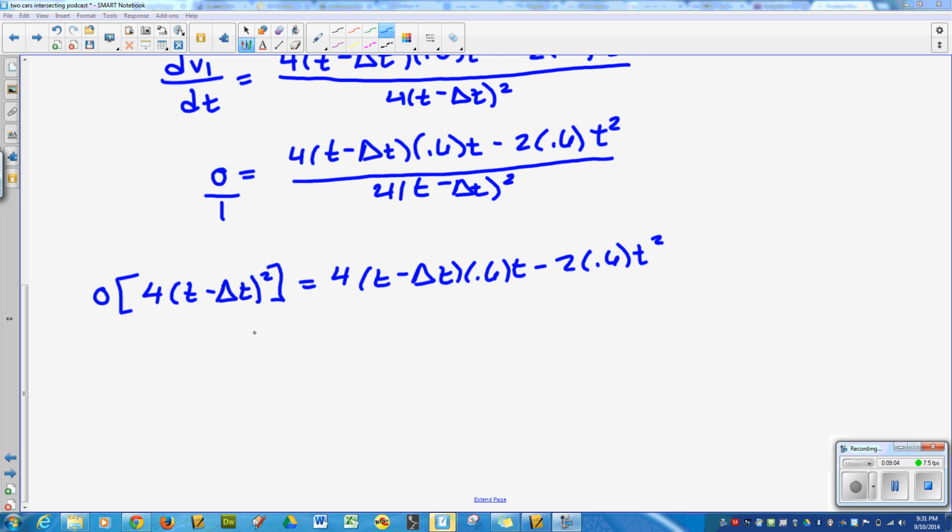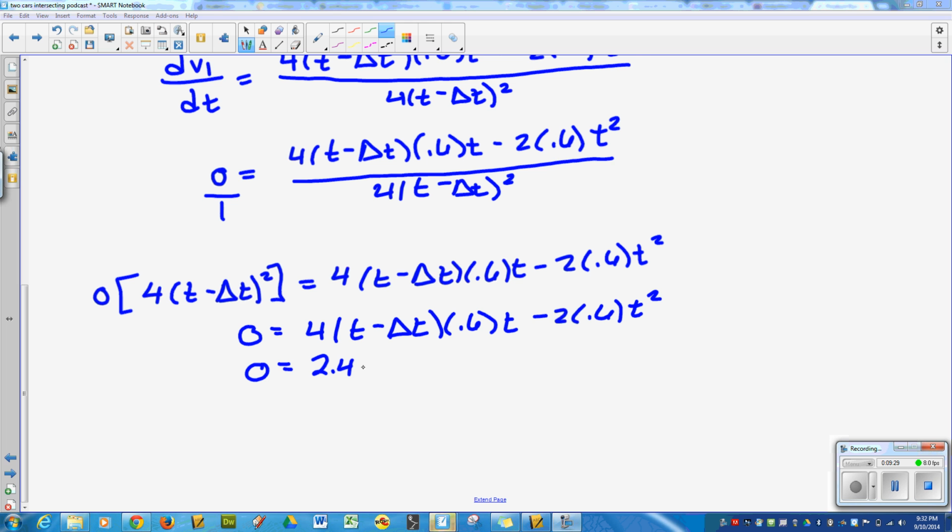Just rewrite this one more time. Now let me simplify that. So 4 times 6, 6 times 4 is 24. With the decimal point there, it's 2.4 times t minus delta t times t, minus 2 times 6 is 12, and the decimal is 1.2 t squared.